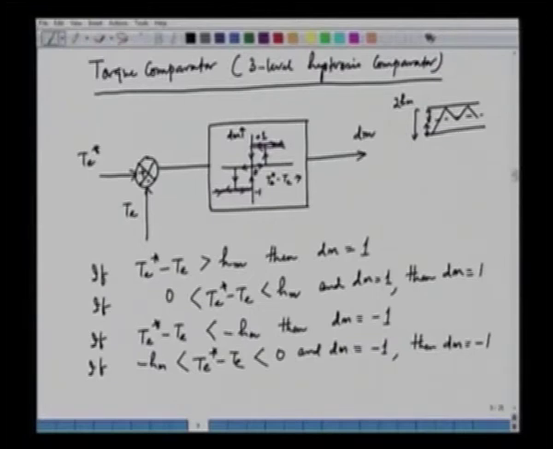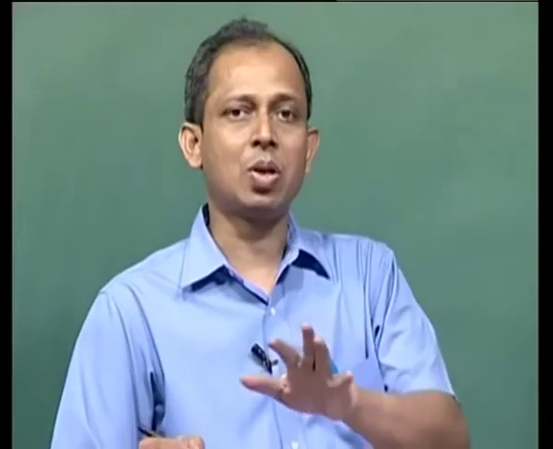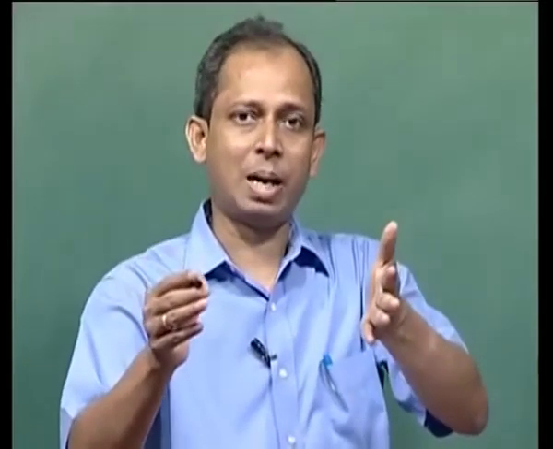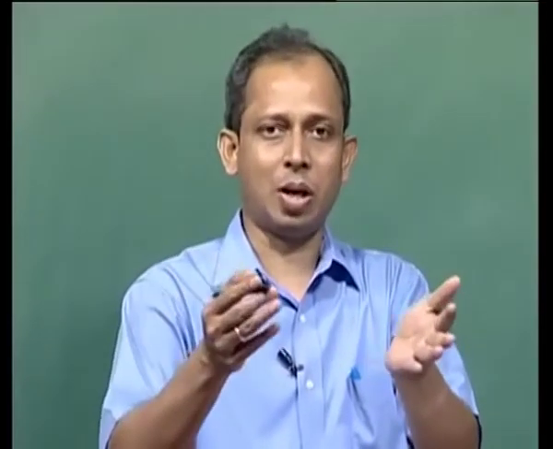If earlier it was minus 1 and we are entering into this region, then the status will be equal to 0. It means the torque should neither be increased nor be decreased. We are safely within the band and there is no need to increase the torque or decrease the torque.